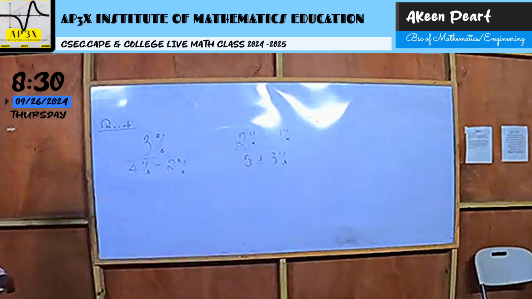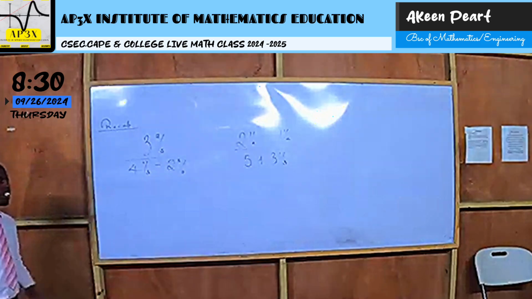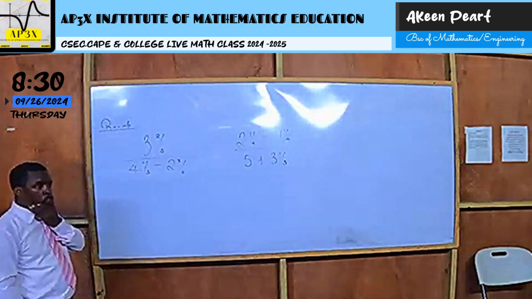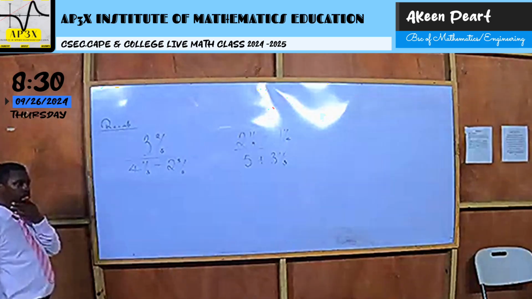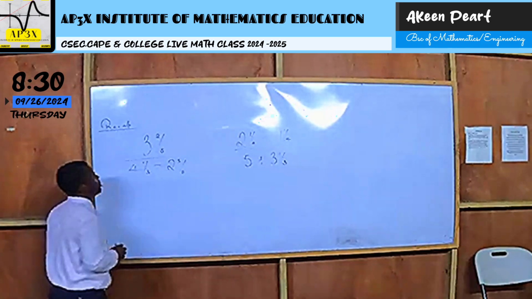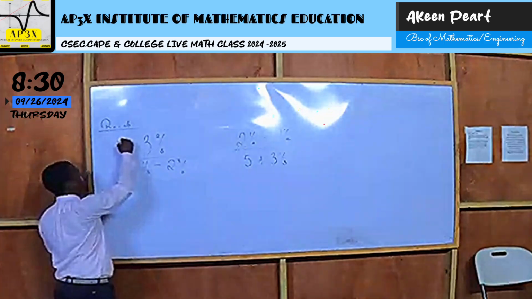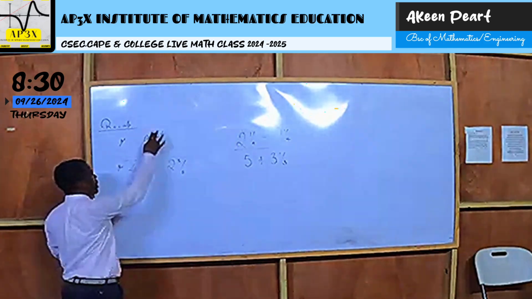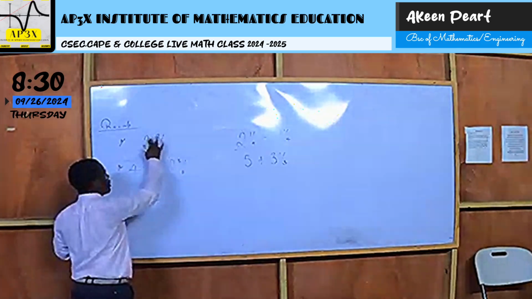So these two questions are really for review. I don't want to get too much into fractions because, like I said, only one of these questions actually comes in the exam, with 3 marks or 2 marks. So, ready? We say top part, bottom part. The top part is 3 and 2 over 5.